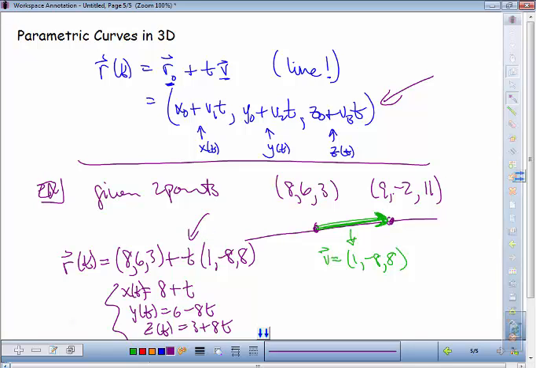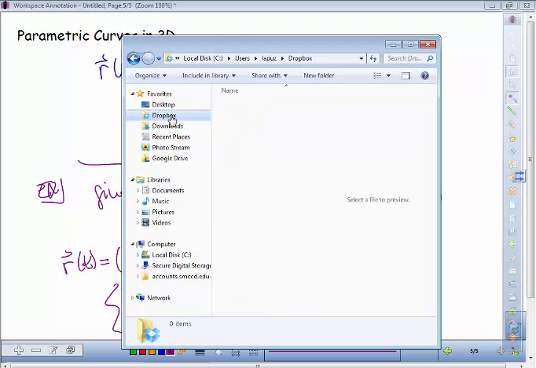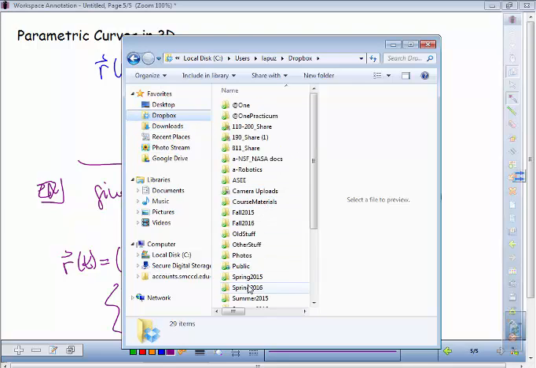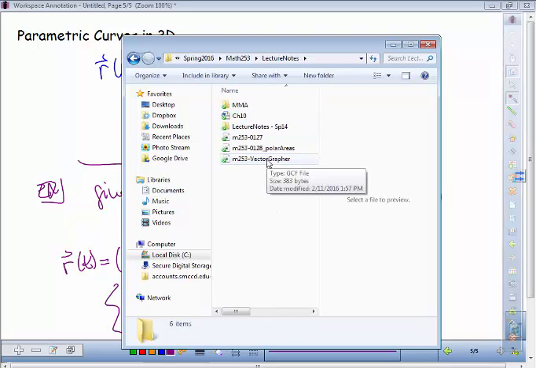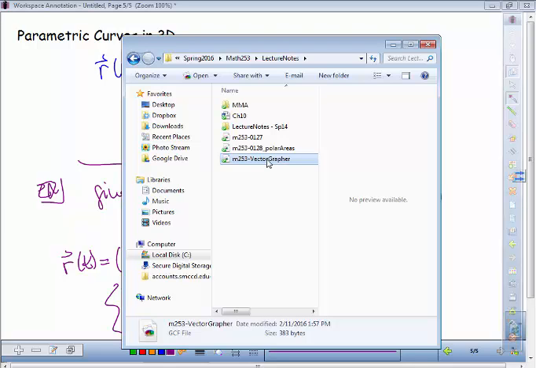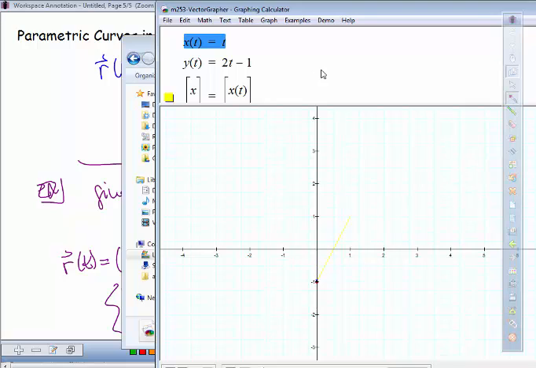Let's see. I think I made one up earlier. Where's my vector grapher. This is in 2D or 3D? Ah, this is in 2D. Let's make one up in 3D.